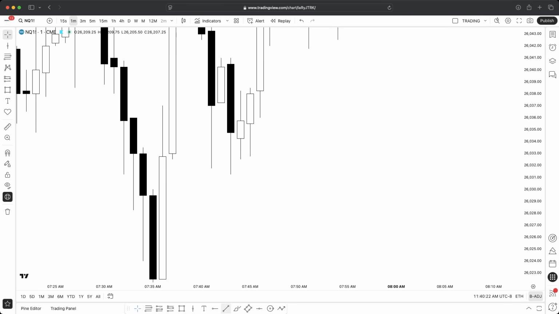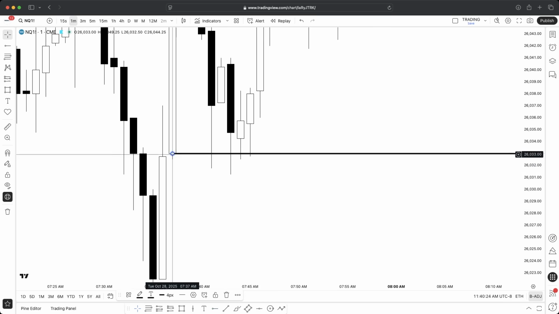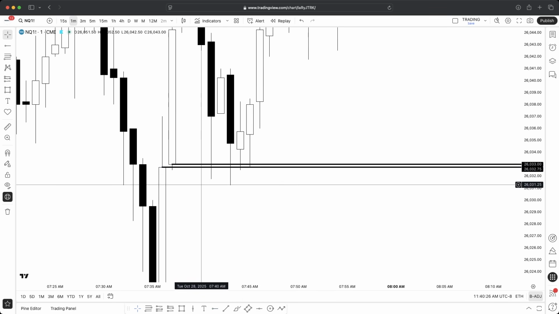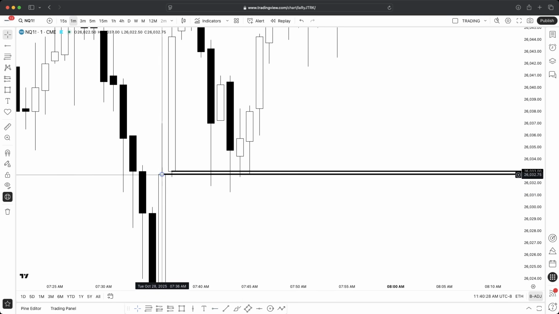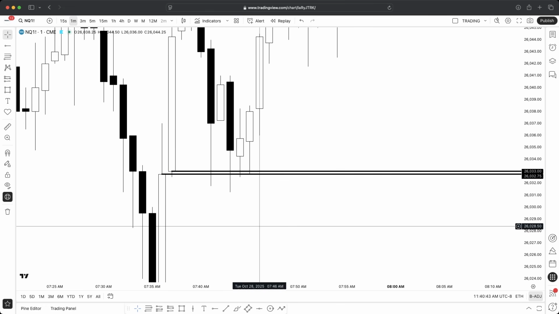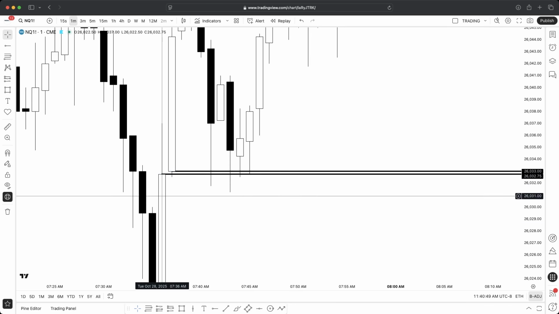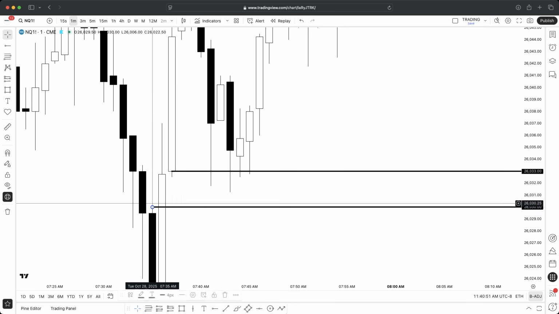So as we can see, we have this bullish volume imbalance right here that goes from this level to this level. Why is this a bullish volume imbalance? Because there's a gap in between the candle bodies. Now, the very observant people will remember back in the fair value gap video, I mentioned that when a fair value gap connects to a volume imbalance, that whole thing is the range.